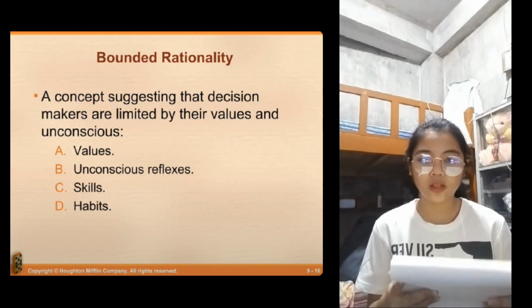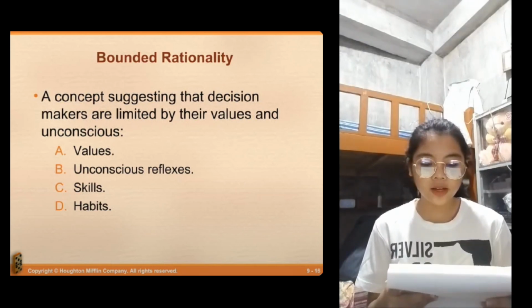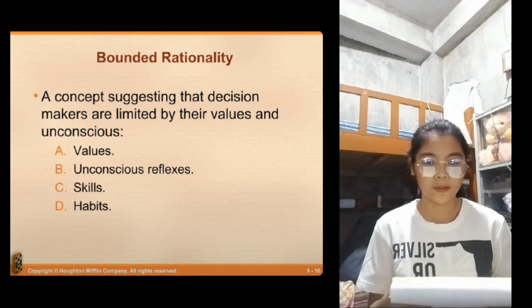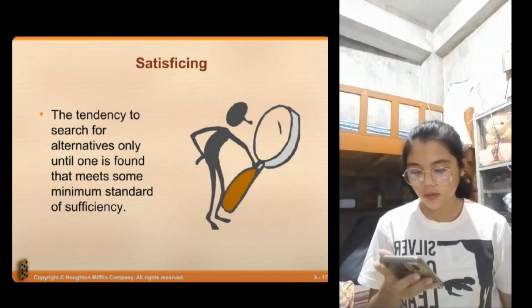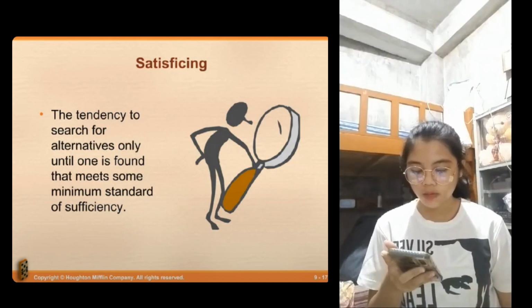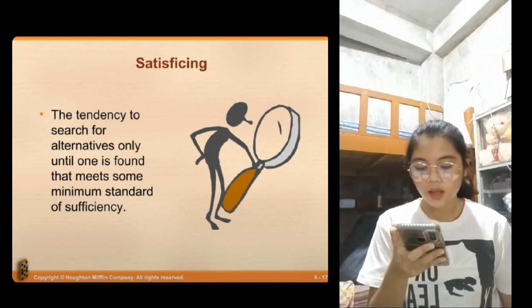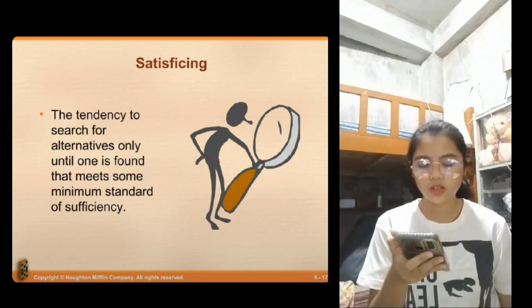Example of bounded rationality: when ordering at a restaurant, a customer will make a suboptimal decision because they feel rushed by the waiter. Next, satisficing. Satisficing is the tendency to search for alternatives only until one is found that meets some minimum standard of sufficiency.